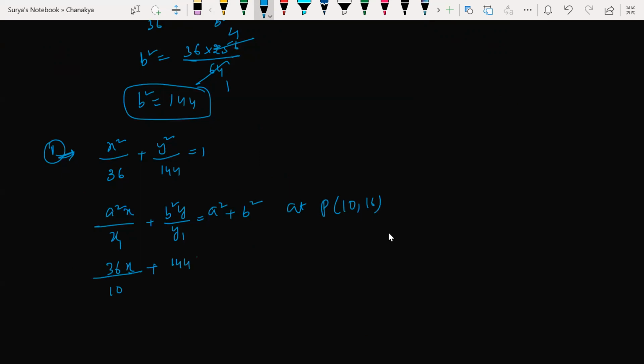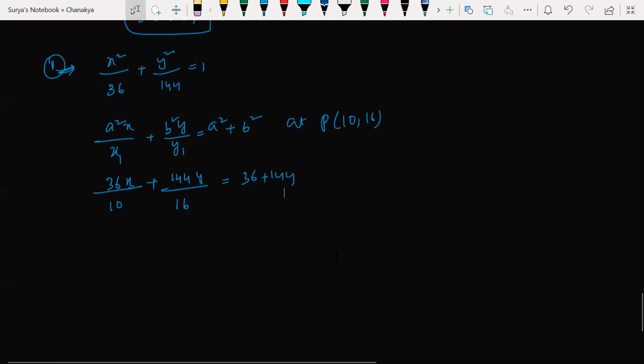B square is 144 y divided by y1 16 is equal to a square plus b square. Okay? Any doubt here? Till this any doubt guys? Any doubts? Do we have any doubt here?